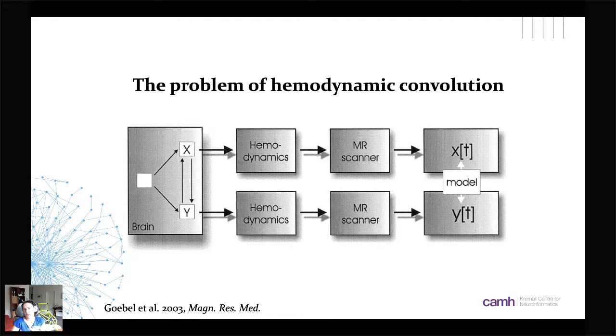But the mechanisms that we're interested in live at the level of the neuronal systems. And the difficulty that we have is that the signals that we measure are being passed through this hemodynamic response function, and they might be expressed differently in different regions, in different subjects.